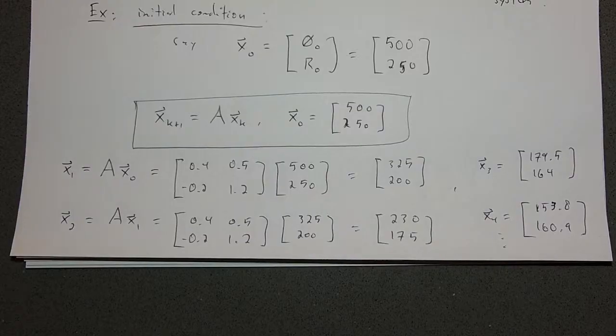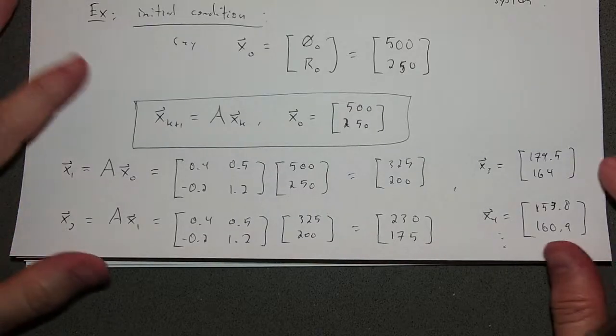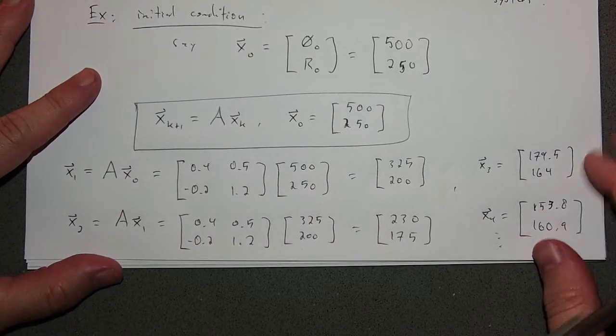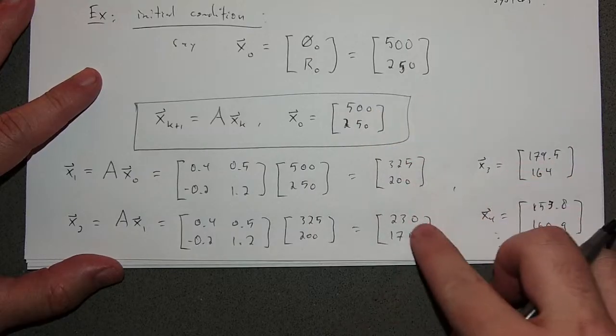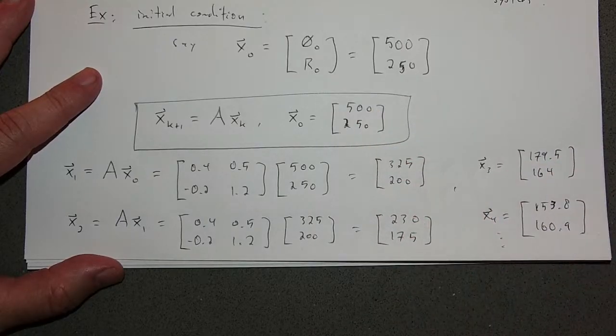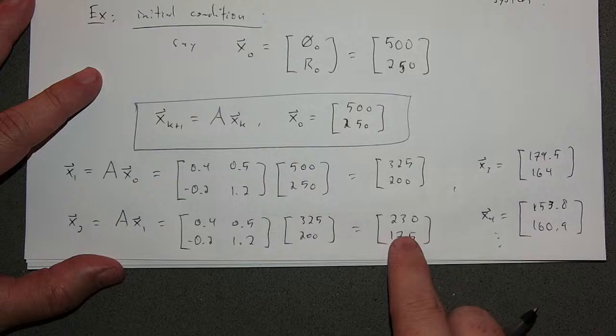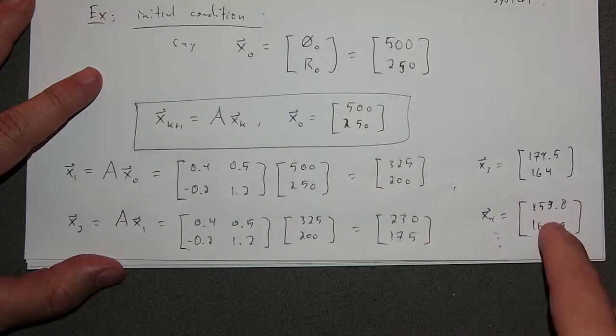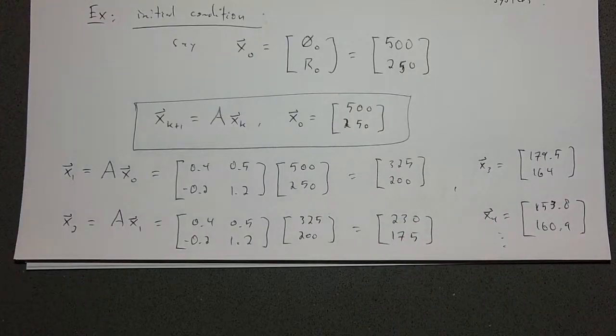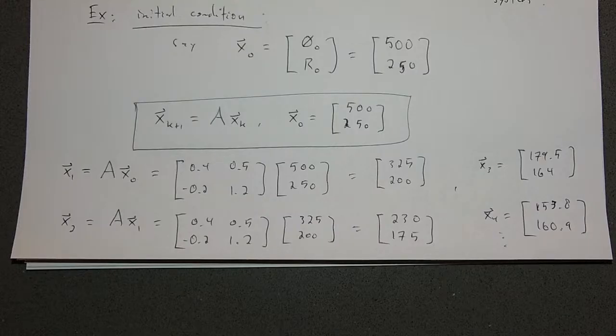So look at what's happening here. The owls are decreasing in population, but so are the rats. Will both of them go to 0?